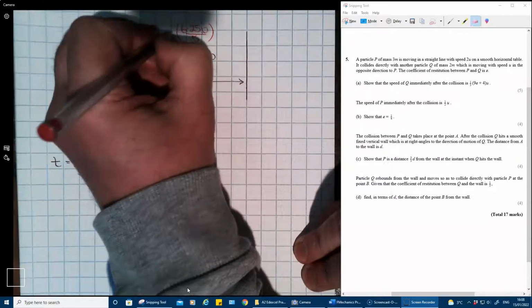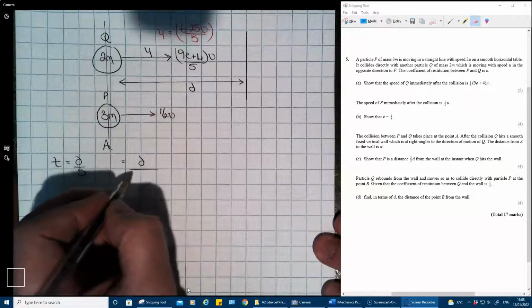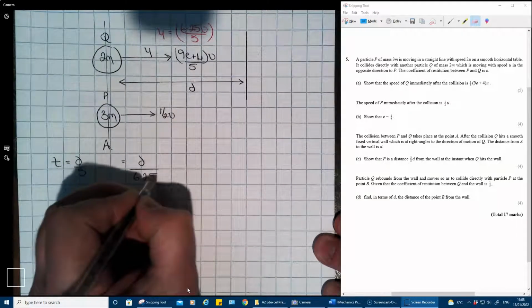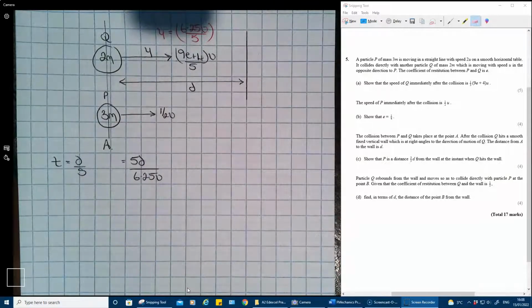So we've got d over 6.25u over 5, which means I can move the d up to the top. Okay, so that's the time it takes for q to hit the wall.